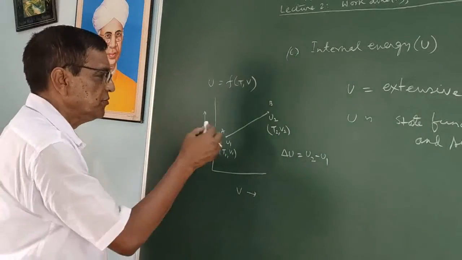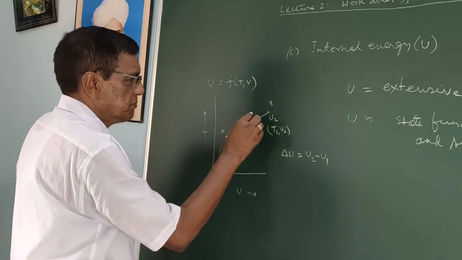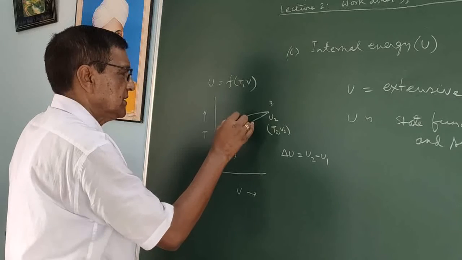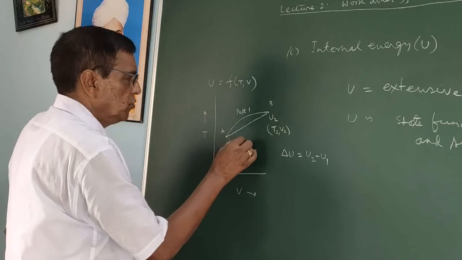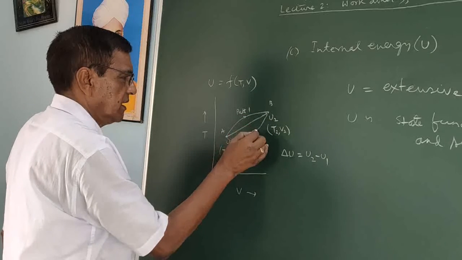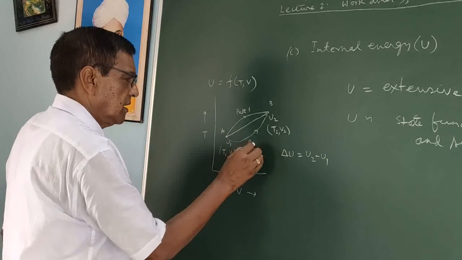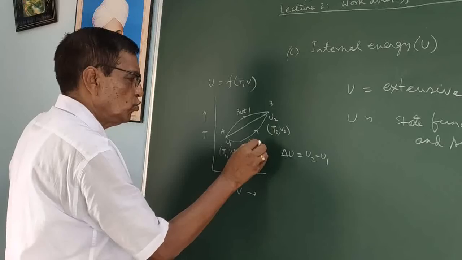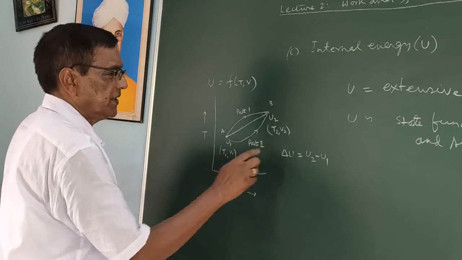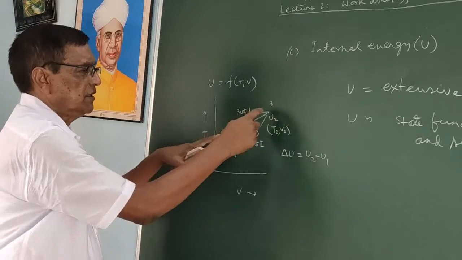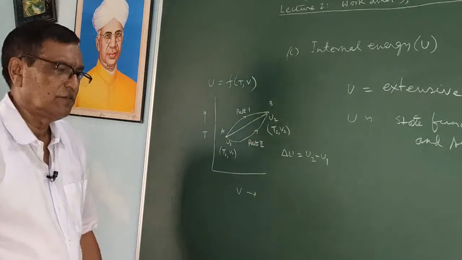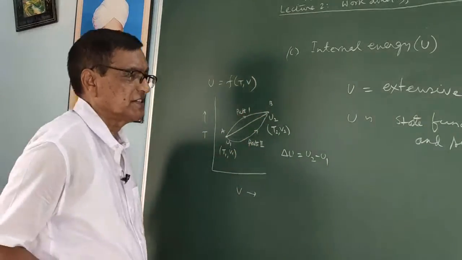And naturally, if we change the path, say if we go by path 1 or by path 2, the delta U will be the same for the given two states of the system. So it is a state function.